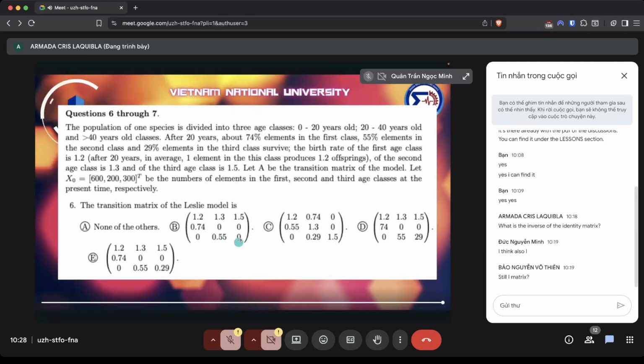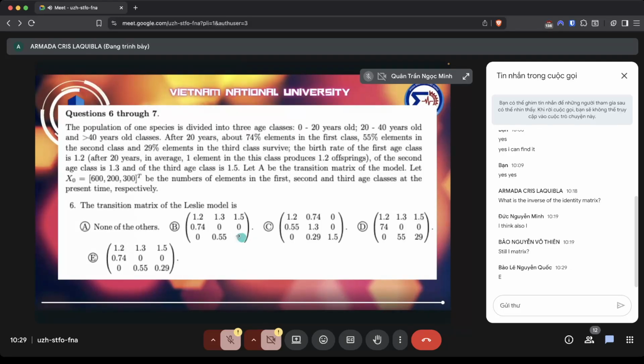You have to change the number here, the last zero here. The survival rate of the third class is located here. The last zero. It's the last column. It's located at the A33 entry.